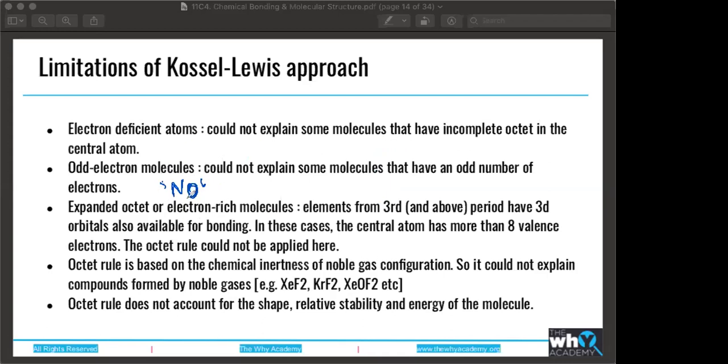There is no answer for that. Then expanded octet or electron-rich molecules like sulfate ion and phosphate ion, with more than 8 electrons, couldn't be explained. Also, the octet rule is based on the chemical inertness of the noble gas configuration. The assumption is that noble gases don't react because they have fully filled shells, an octet configuration.